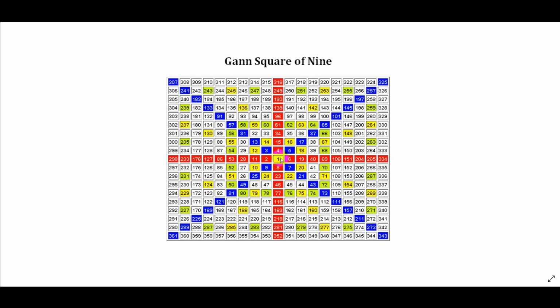The same goes on the opposite side, but with even squares. 2 square, 4, it starts from here. 4 4s are 16, 6 6s are 36, 8 square is 64, 10 square is 100. So natural patterns are all occurring at the 45 degree angle. He has taken this and used it in his forecasting and in his trading many times.